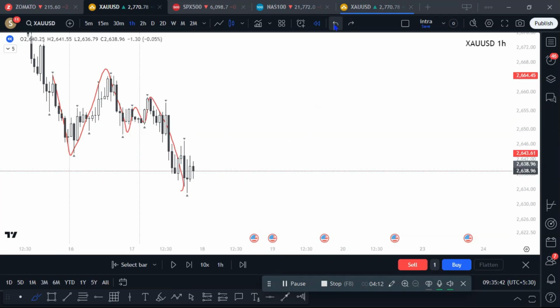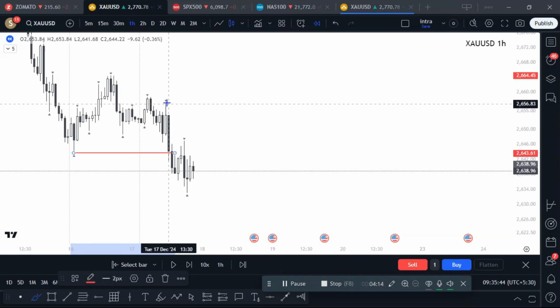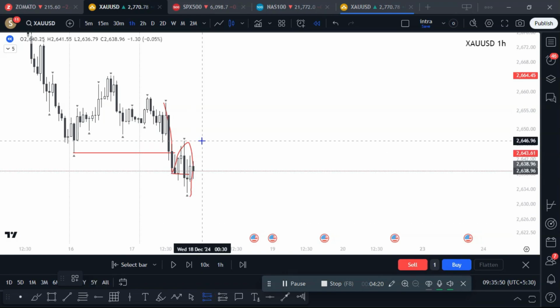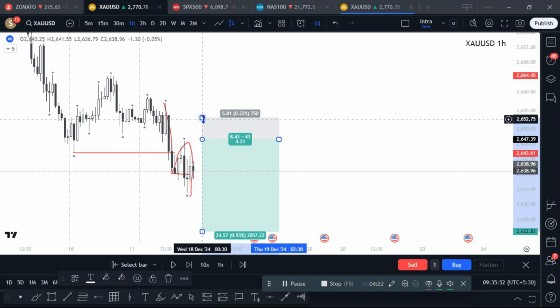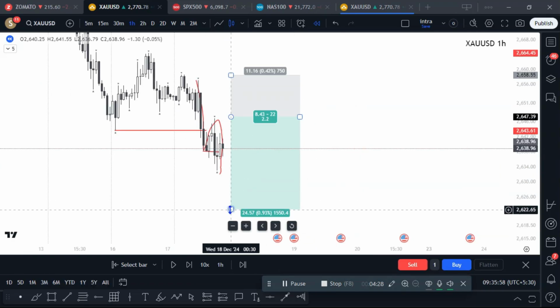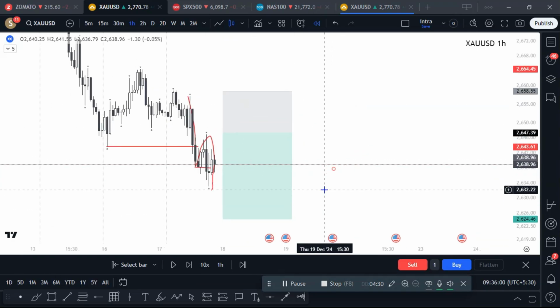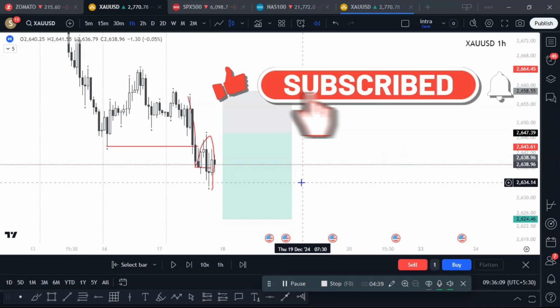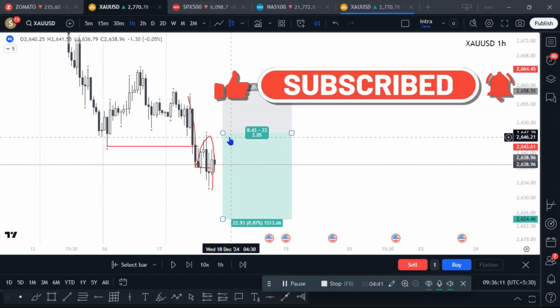So here is the shift, then a false break, which means double break. We will set our entry exactly at that double break, stop here with some buffer, and we will target a straight 2R. We don't use any kind of trailing SL or anything, just a straight SL or TP.